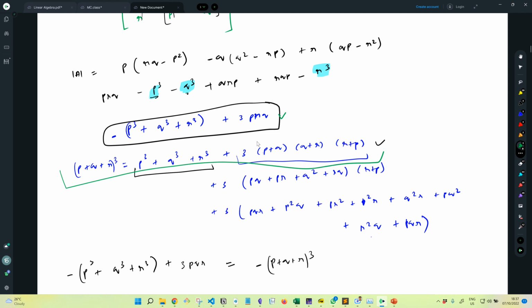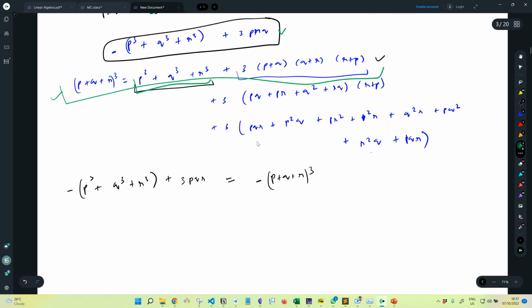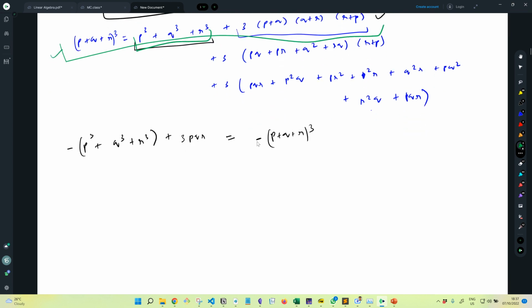And this is the (p plus q plus r) the whole cube formula. Now if I take this quantity to the left hand side and bring this quantity, then what will happen? Minus (pq plus qq plus rq) will be equal to minus (p plus q plus r) the whole cube plus 3 times (p plus q) into (q plus r) into (r plus p).